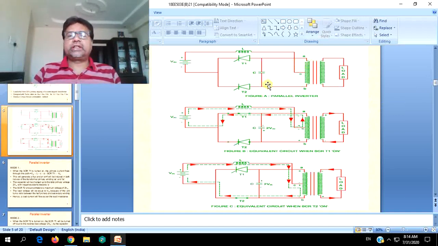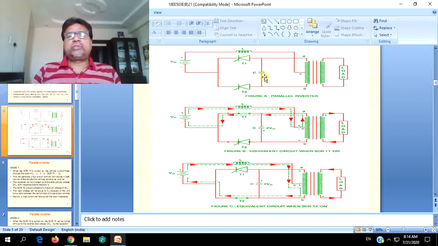This is a basic circuit, and the second figure shows the direction of currents and voltages and how it operates when SCR T1 is turned on.